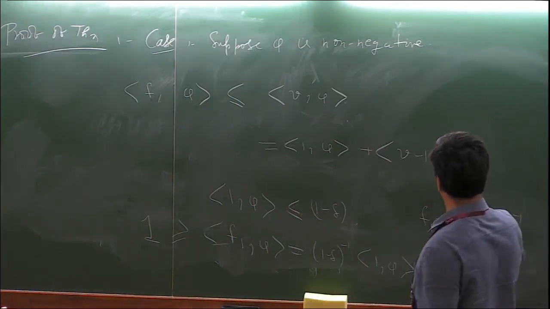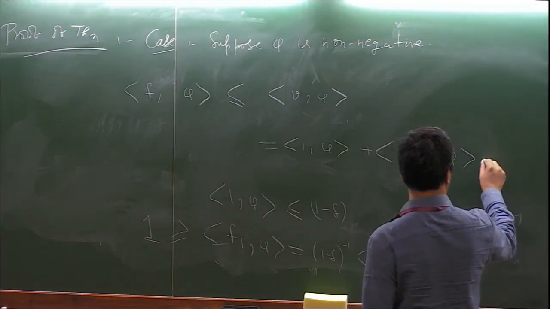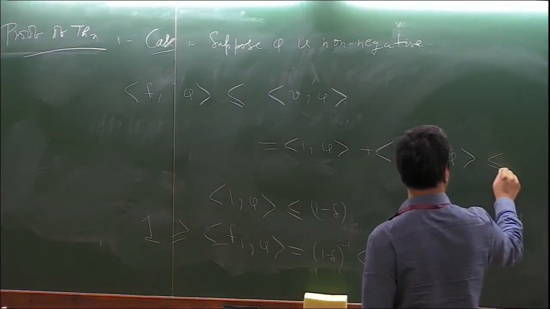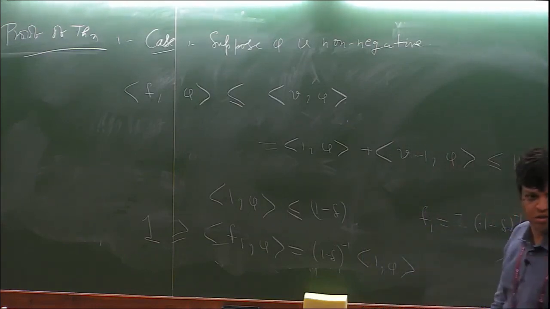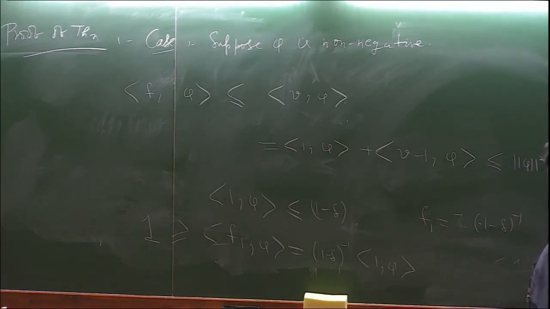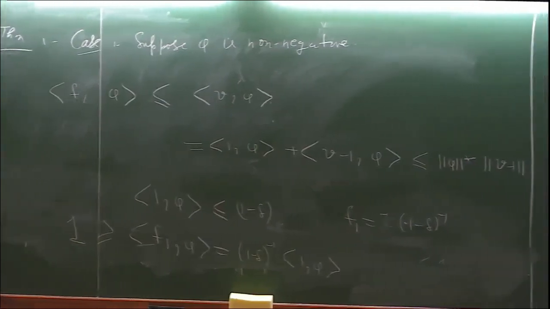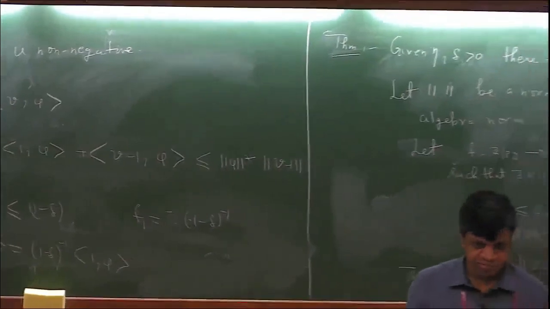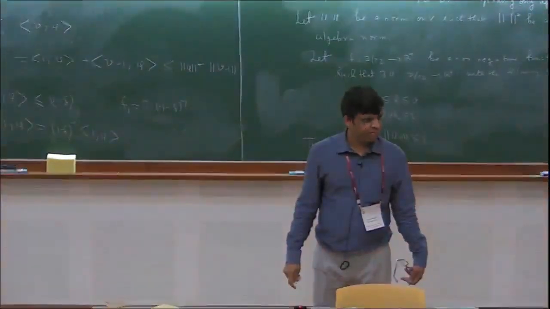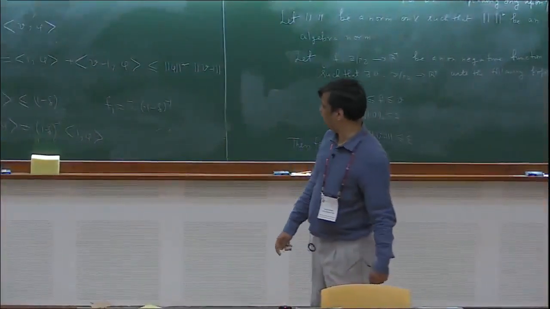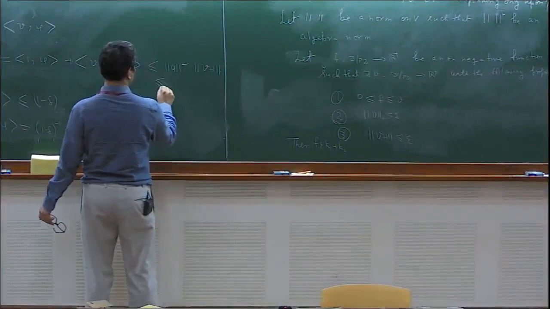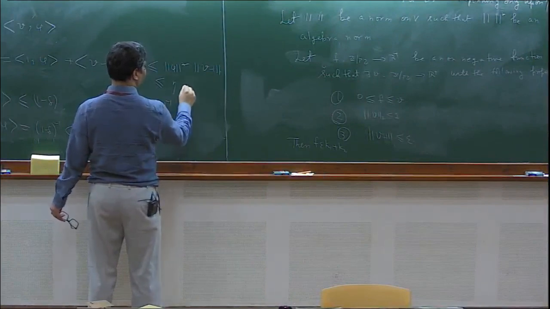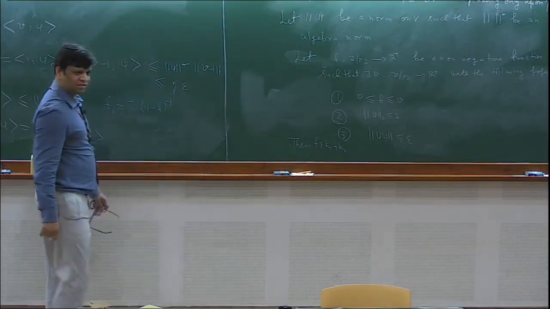All right? Now, (nu minus 1) phi is less than or equal to the norm of nu minus 1 into the dual norm of phi, by the definition of a dual norm. But this is less than or equal to eta, this is less than or equal to epsilon.